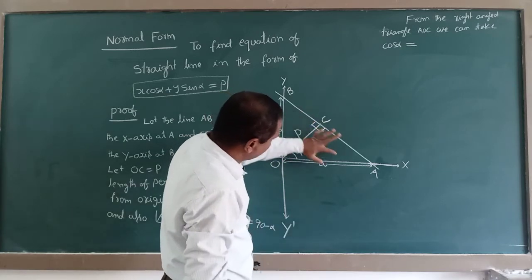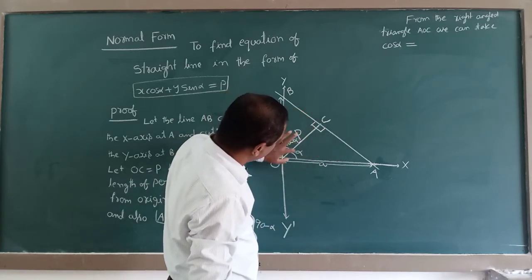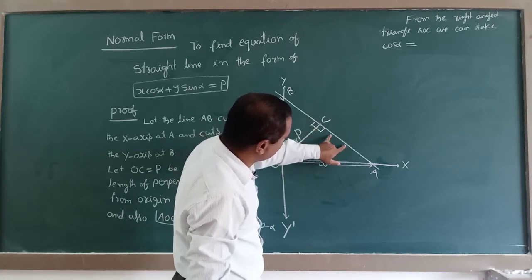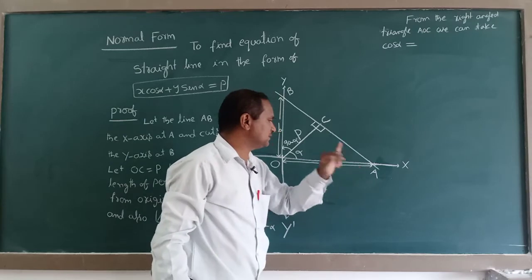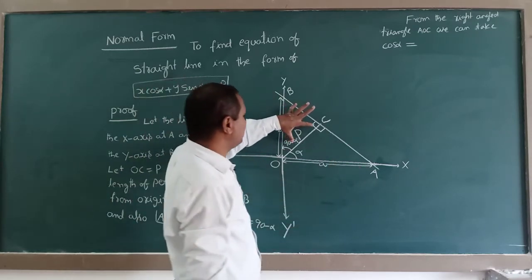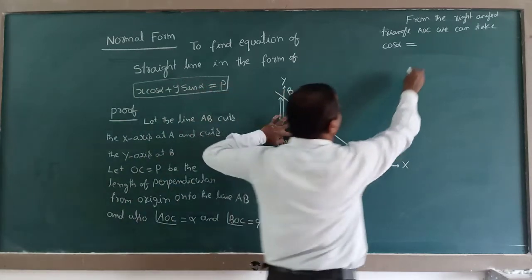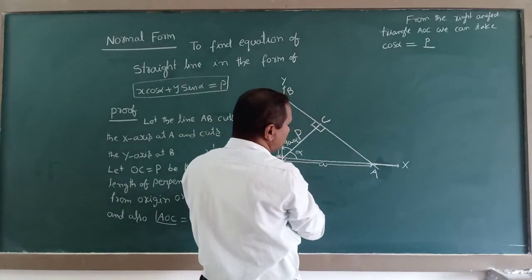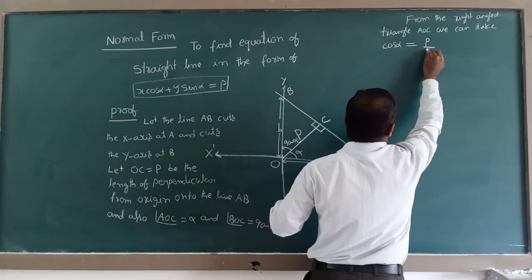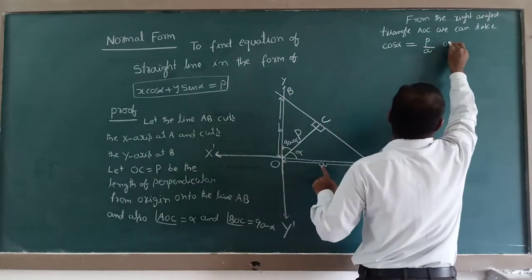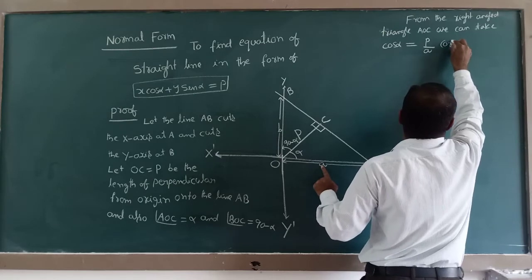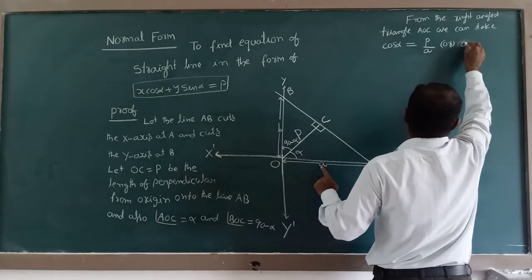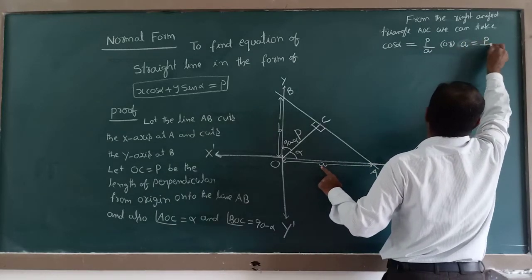For this right angle triangle AOC, the angle means OC becomes adjacent, CA becomes opposite and OA becomes the hypotenuse. That's what we can write. Adjacent value is p divided by the hypotenuse value, which we considered as small letter a here. Taking cross multiplication, a is equal to p by cos alpha.